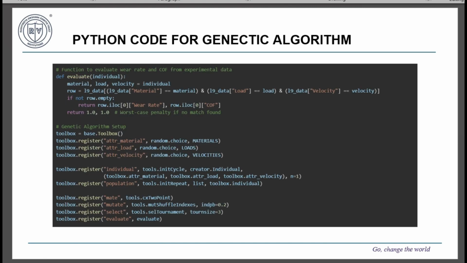These are all the code that has been used. So here you can see the L9 data has been implemented and the combinations have been given. The genetic algorithm setup has been done here.